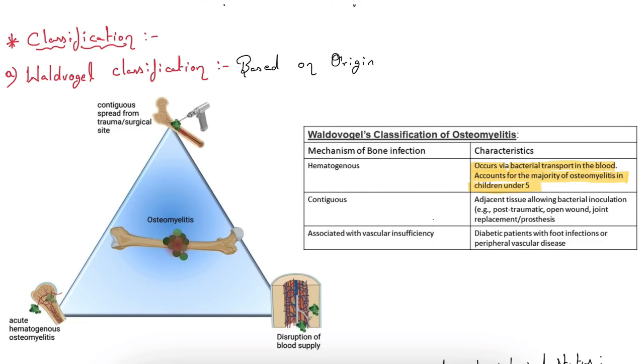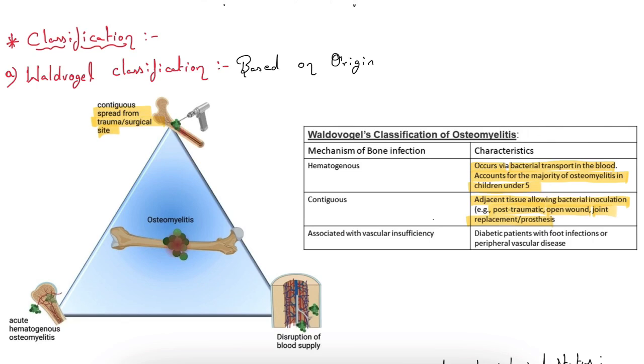Okay, under 5 years. Next, contiguous. Contiguous means spread from trauma and surgical sites. If any surgery or trauma happened, then adjacent tissue allows bacterial inoculation, like post traumatic open wound, joint replacement and prosthetics. It can cause osteomyelitis. So this is the second one. The third one is disruption of blood supply.